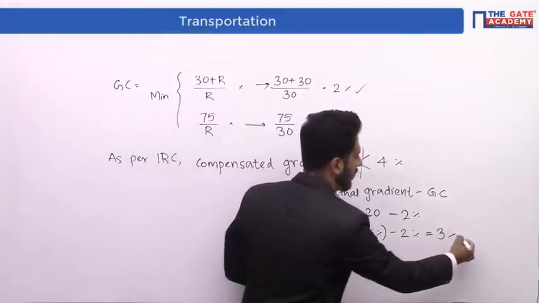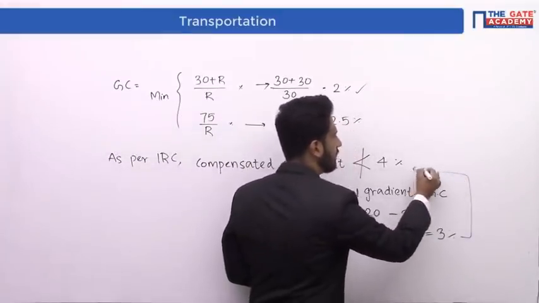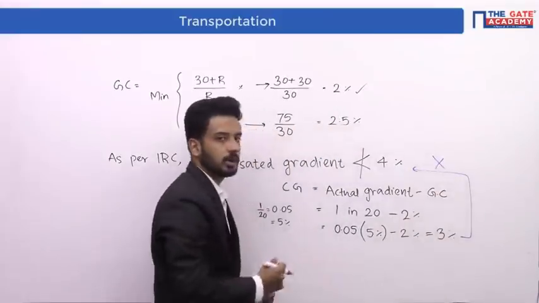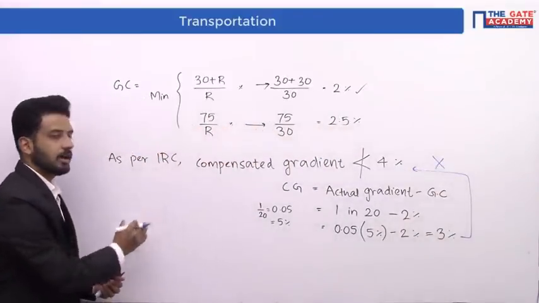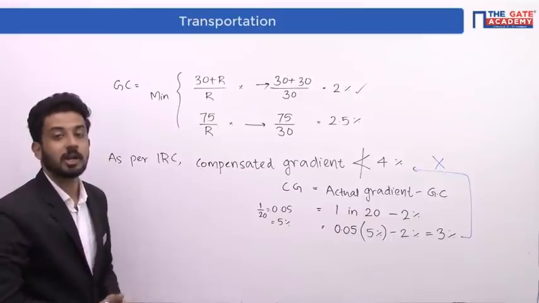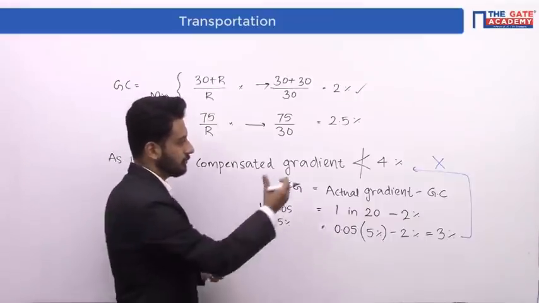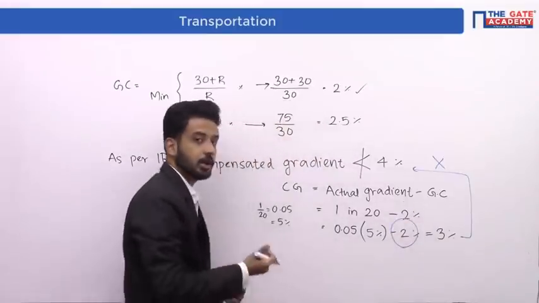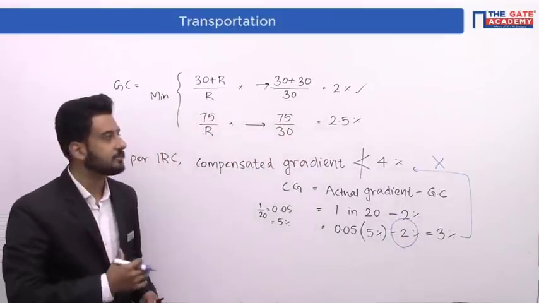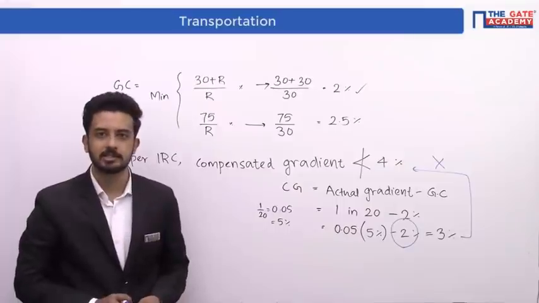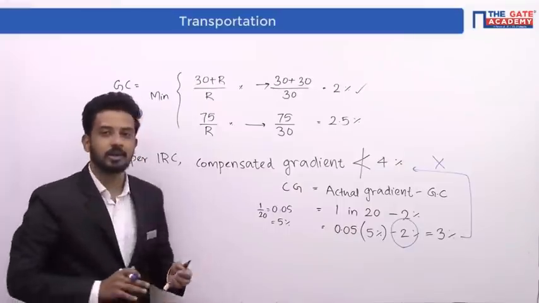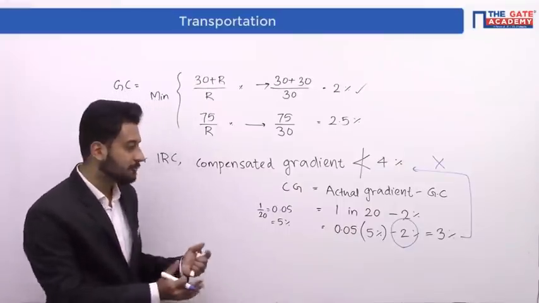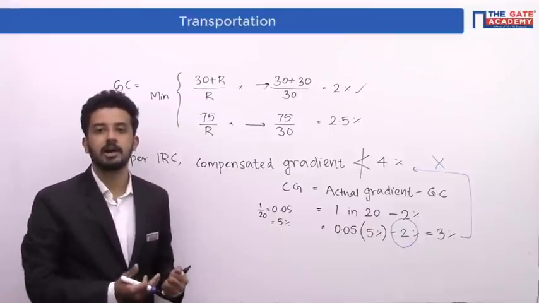So the obtained value, we are not obeying the rule given by IRC. So what we have to do? What it means? We can't apply a grade compensation of 2%. If we are applying 2%, we are going against the rule. We have to obey the rule given by IRC.